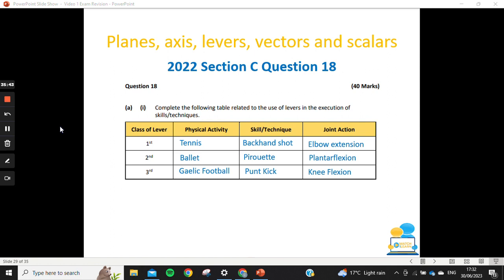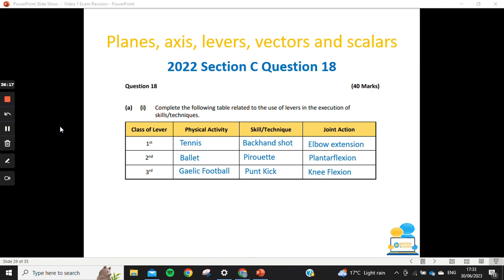So this question in 2022 asked students to complete the following table and provide examples of physical activities, skills and techniques, and joint actions that are exclusive to different classes of lever. So for lever classes, first class levers with regards to movement, so an elbow extension, when you extend or straighten your elbow, it will always be a first class lever.